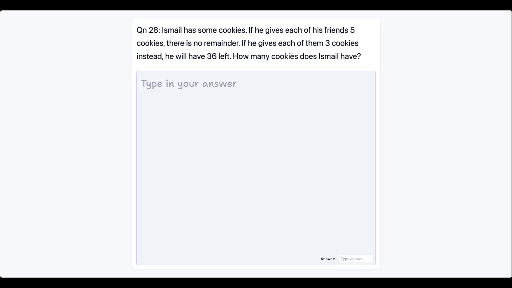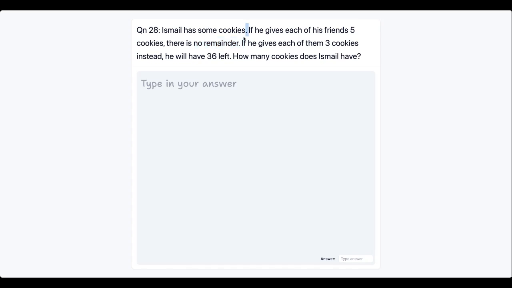So how do I know it's a shortage and excess kind of question? Usually you'll see in this question it says if he gives each of his friends 5 cookies. That means this person gives to a group of people, and there is a remainder, or more left, or in this case he needs 5 more, something like that.